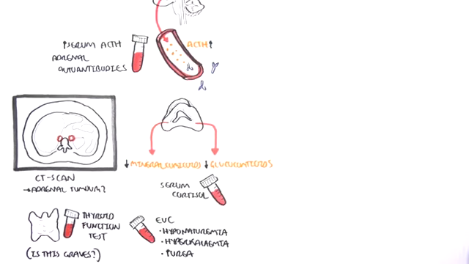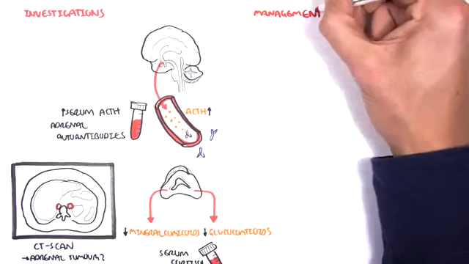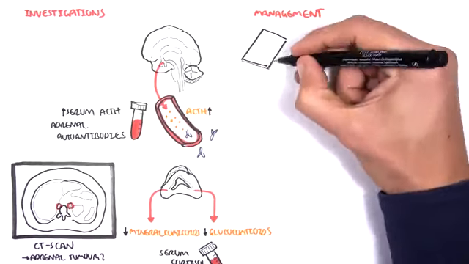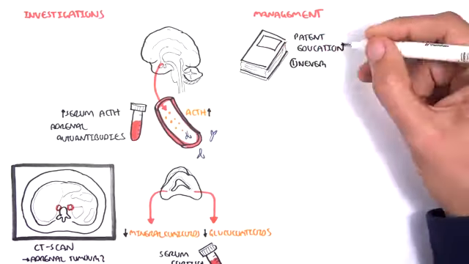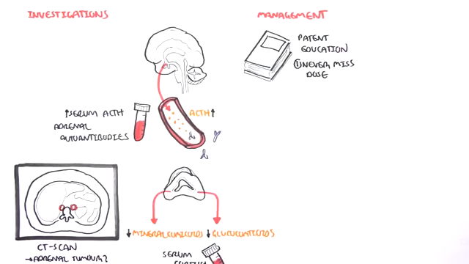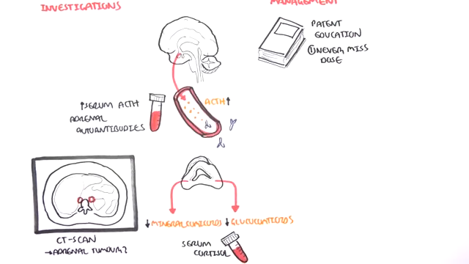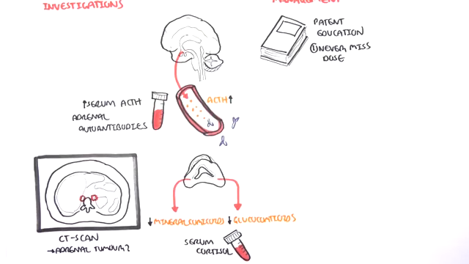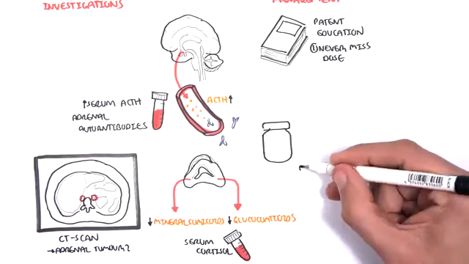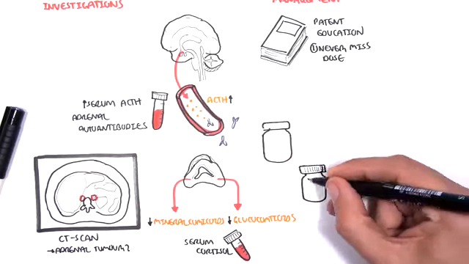Management of Addison's disease. The most important part is to educate the patient, particularly to never miss a dose of medication. And we will learn the reason why. The medications for Addison's disease include replacing the hormones which are lost.